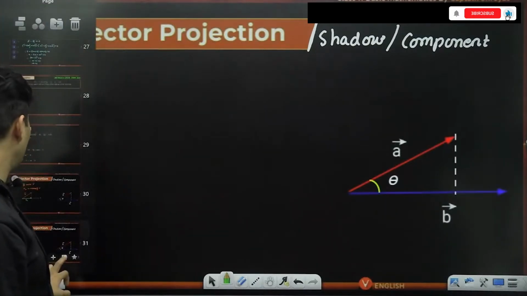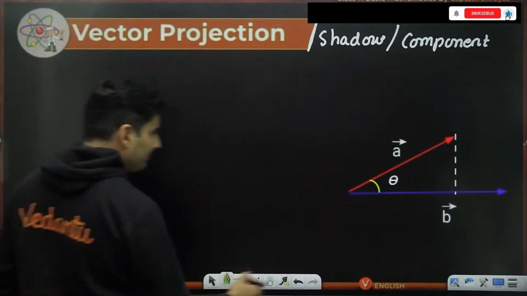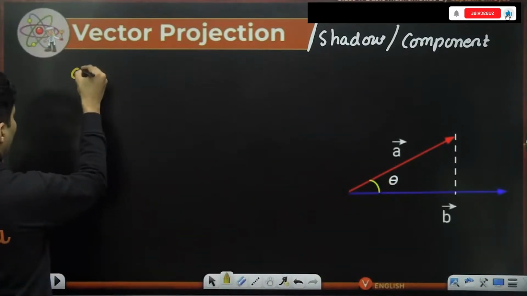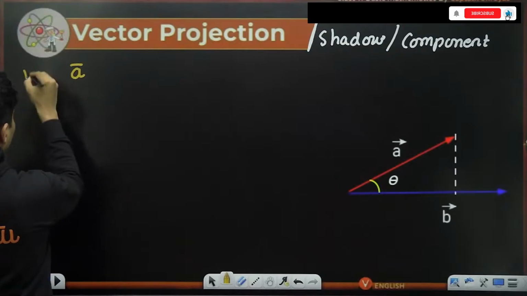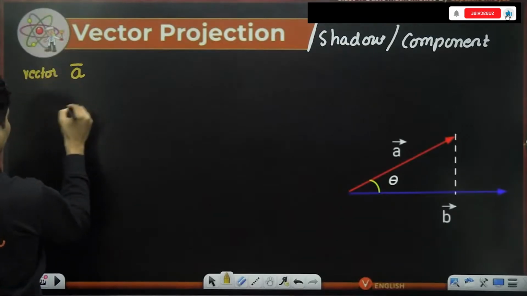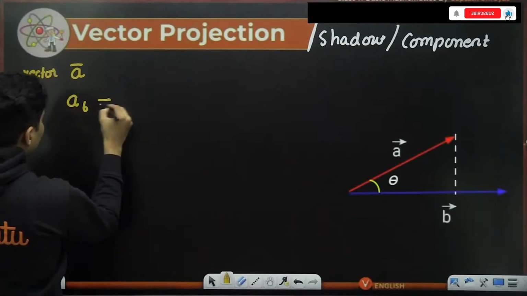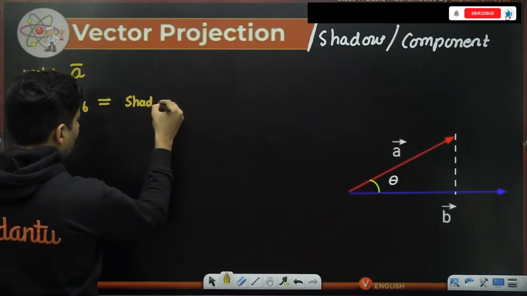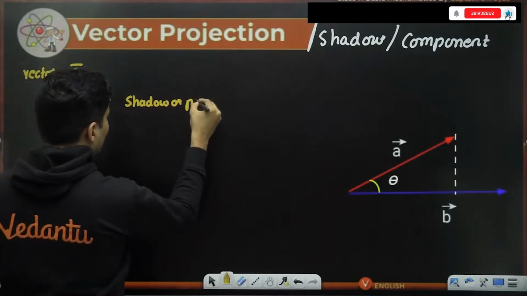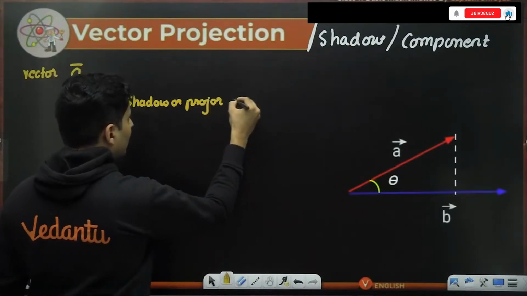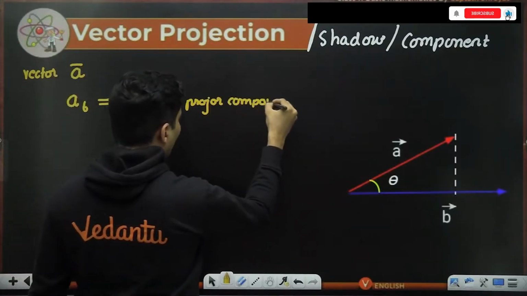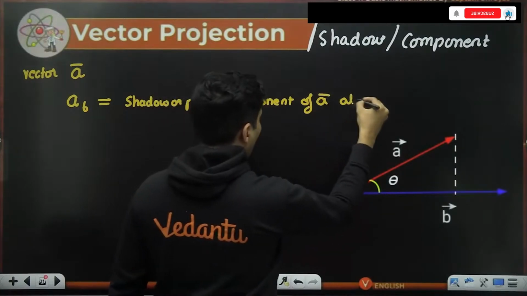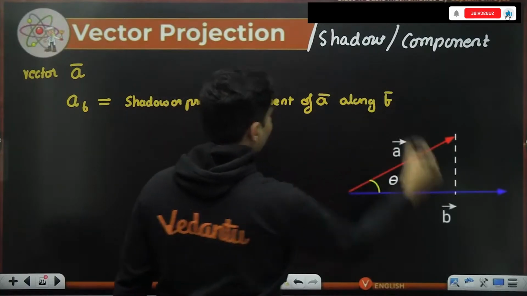Similarly, just think now, if I have a vector a bar and I write a subscript b, it means the shadow or projection or the component of vector a along the vector b.